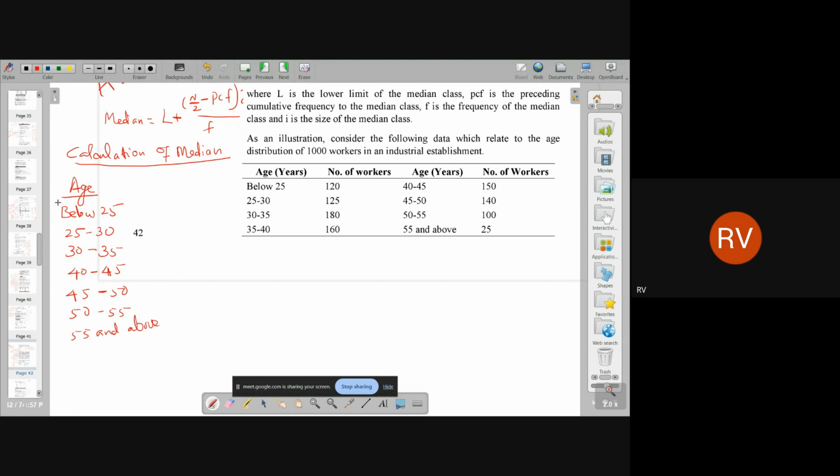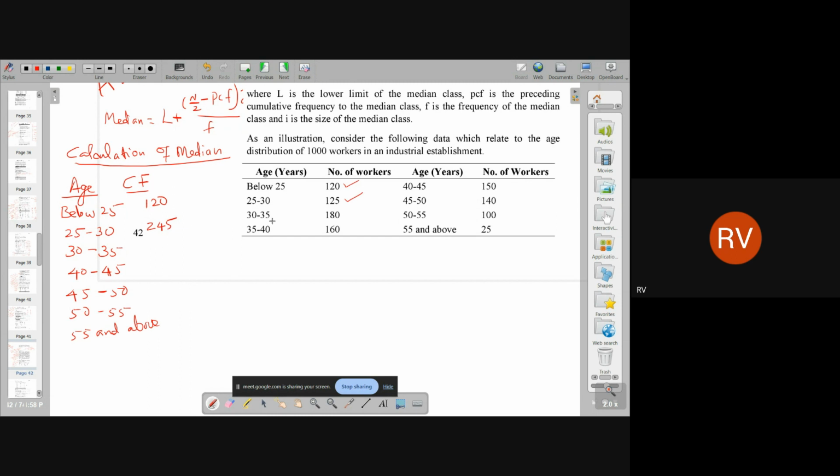Then find cumulative frequency. Cumulative frequency means we add the frequencies. That is, the first frequency is 120. Then 120 plus 125 is 245. That is, add 120 and 125. This is called the cumulative frequency.